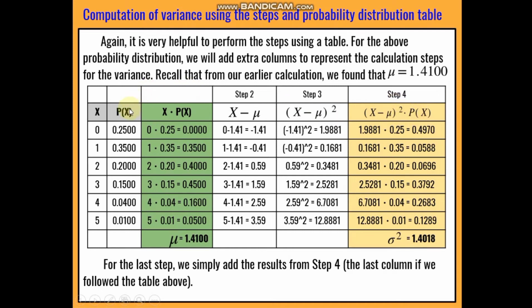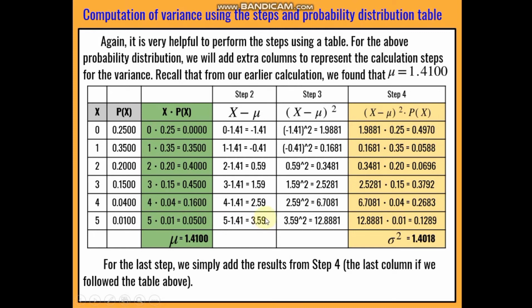So, x minus mean, meaning your first column minus your mean, 1.41. Each of your random variables minus 1.41. So, 0 minus 1.41, 1 minus 1.41, and so on up to 5 minus 1.41. 0 minus 1.41 is equal to negative 1.41, and so on, up to 5 minus 1.41, which is equal to 3.59.